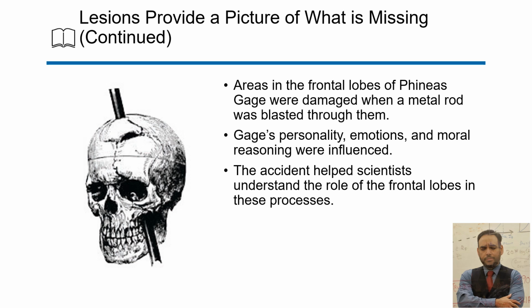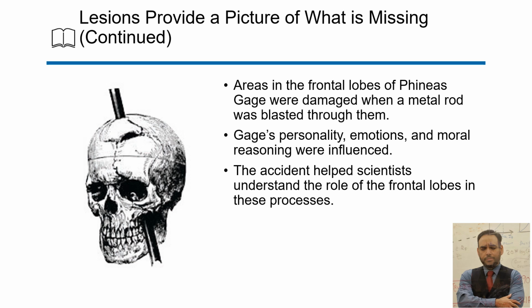It just means that different parts of the brain control different aspects of behavior and mental processes. So in Gage's case, the injury helped scientists understand that the frontal lobes play a key role in personality and social conduct. This helps us understand the brain through brain injuries.